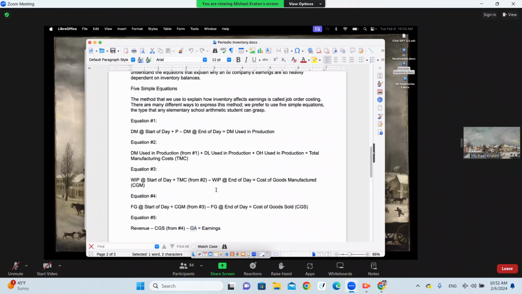When you are producing something, when you're manufacturing something, inventory, stuff that you have available as an asset, becomes relevant to your calculation of expenses. Why and how? Well, let's start with equation number 1.